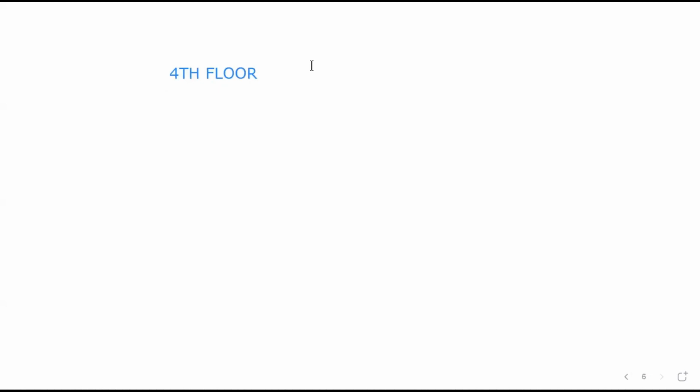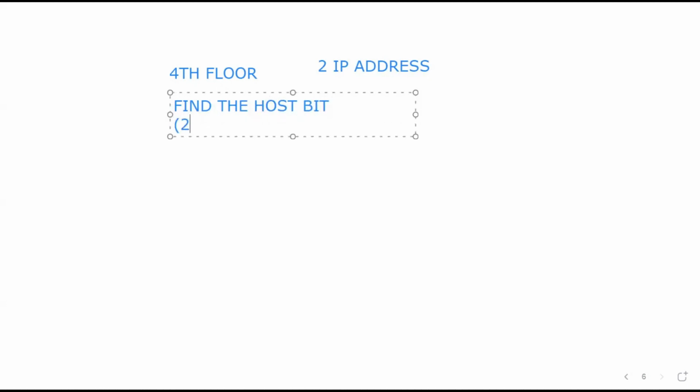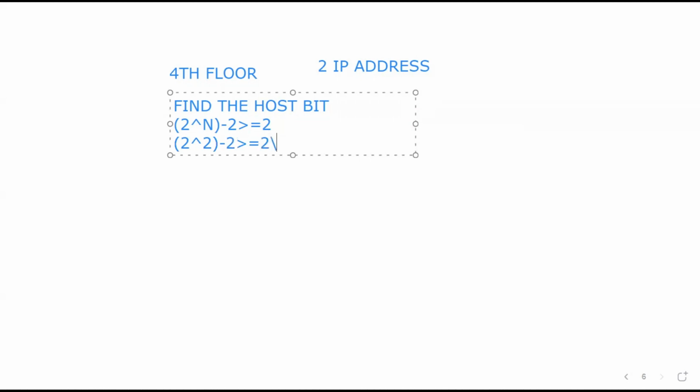We have to assign 2 IP addresses. Starting with the same step, find the host bits. 2 to the power n subtract 2 is greater than or equal to 2. 2 to the power 2 subtract 2 is greater than or equal to 2. 4 subtract 2 is 2, which is greater than or equal to 2.